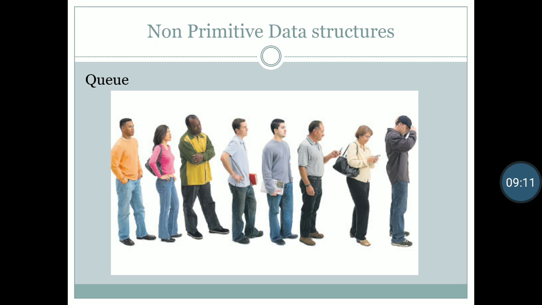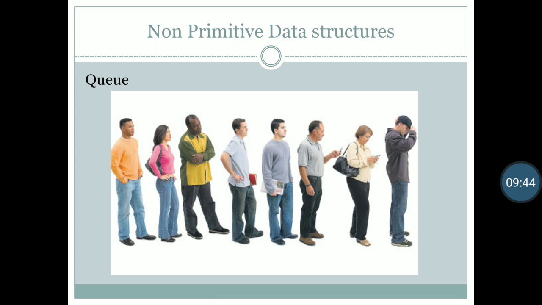Next example of non-primitive data structure is queue. We have all experienced a queue in real life. If we are going to a theater and buying a ticket, we have to stay in a queue. In that queue, there will be a person at the front and a person at the tail.